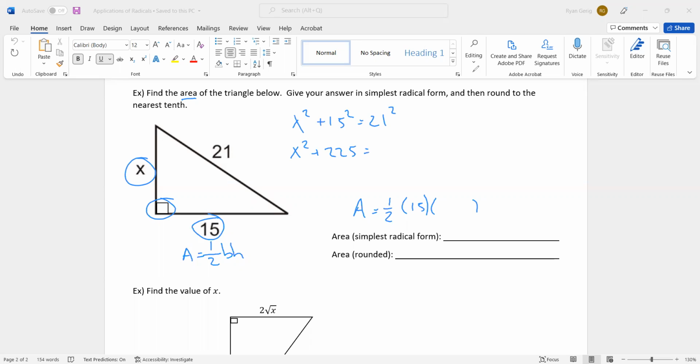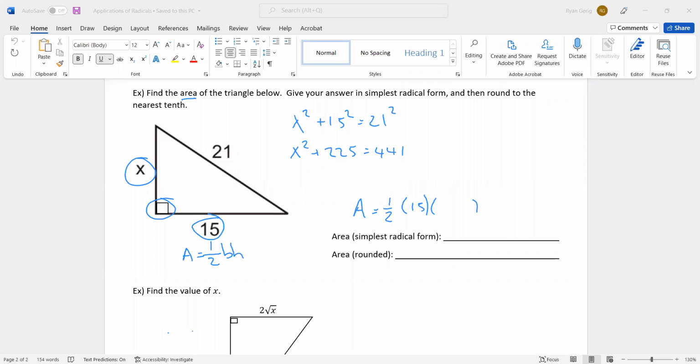And 21 squared, I'm going to pull up my calculator here. And 21, oops, I'm annotating. 441, okay? And then 441 minus 225, right?